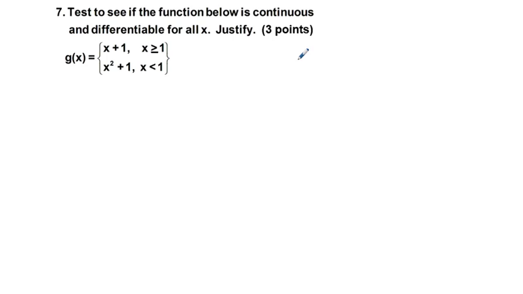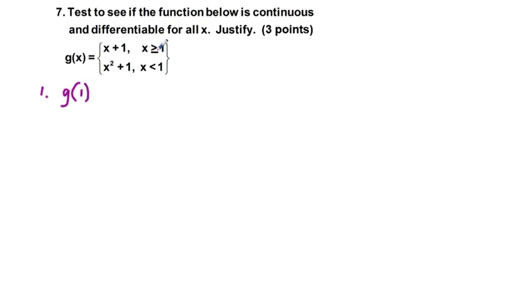Justify. Well, for continuity, we have 3 conditions we need to meet, and if those conditions hold, we can go on to differentiability. But we know we can't go on to differentiability unless we have demonstrated we have continuity first. And so the first step in continuity is to find out if the function exists. Our critical value here is 1.